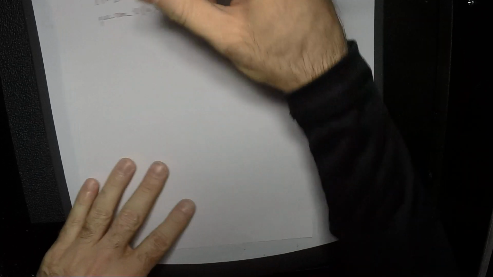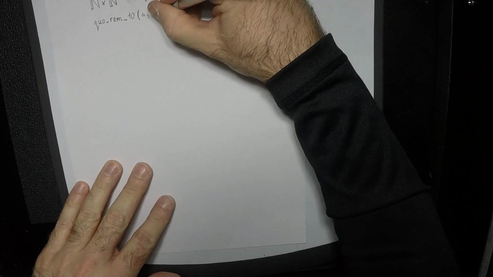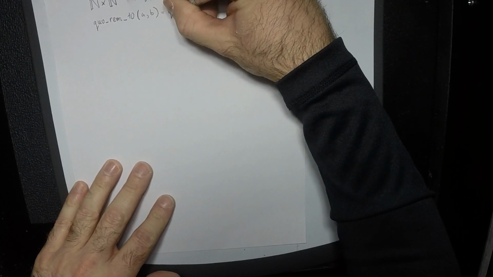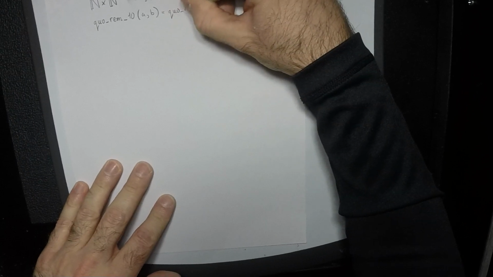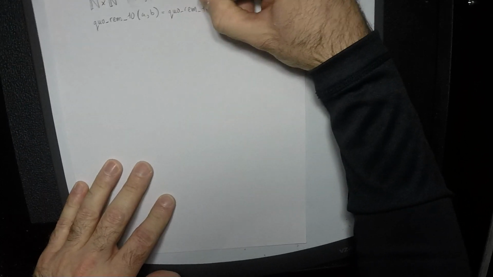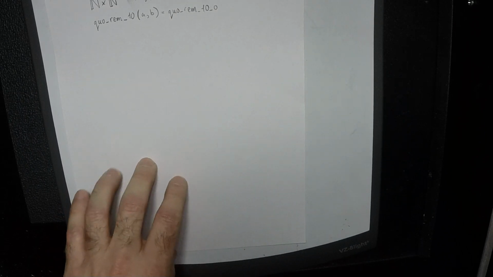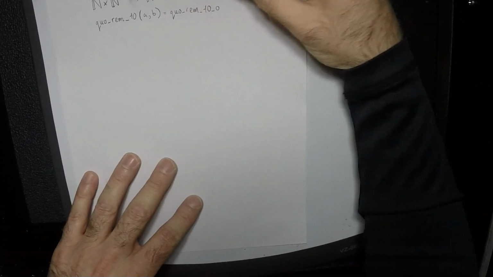So this one's going to have to call its own auxiliary function. So quo, rem, 10, and I'm just using the convention that underscore 0 is the one that actually does the work. All right.